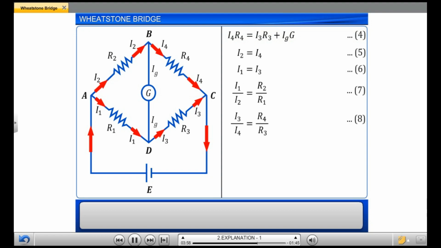Substituting for I3 and I4 from equations 5 and 6 in equation 8, we get I1 divided by I2 is equal to R4 divided by R3. Let this be equation 9.